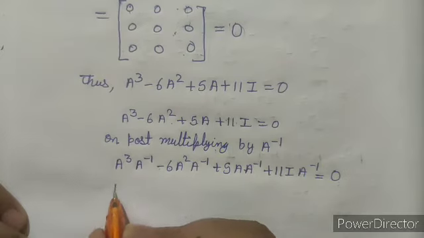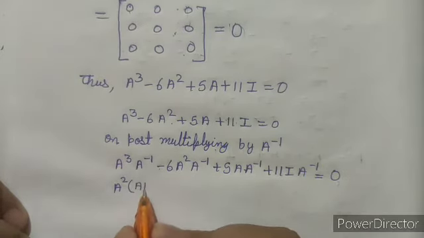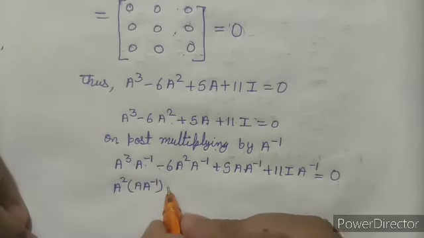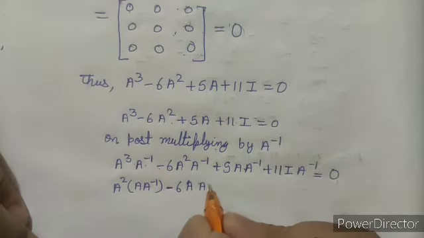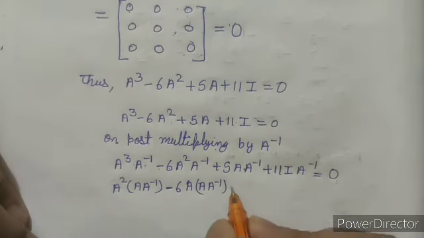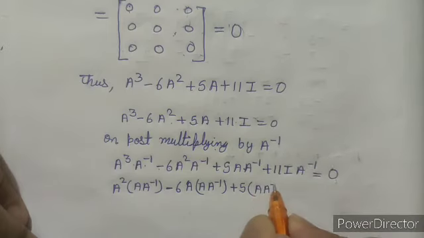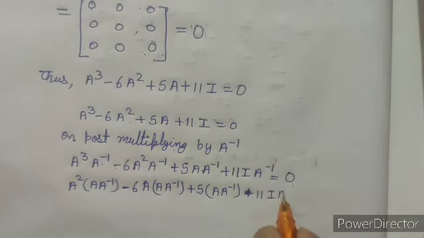Now here we can write A cube as A square into A, and that will be multiplied by A inverse. Similarly 6A square can be written as A into A, and A into A inverse we will take together. Now 5 into A inverse, plus 11I into A inverse equal to 0.